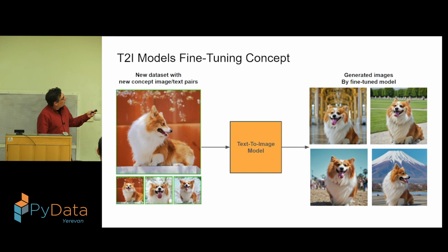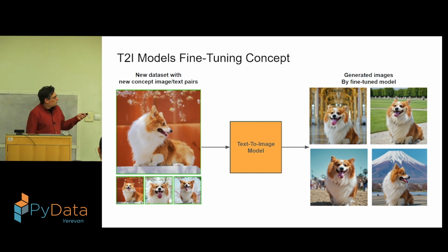So we have a new data set with a new concept, this dog, represented as image-text pairs. There are several image-text pairs. You can see that we are feeding them to the model and trying to teach this model to generate this dog in different contexts.